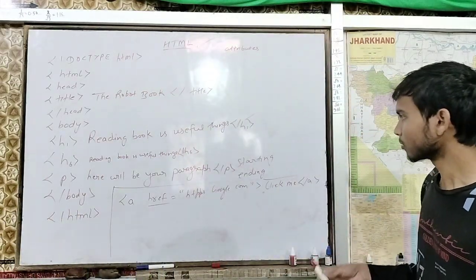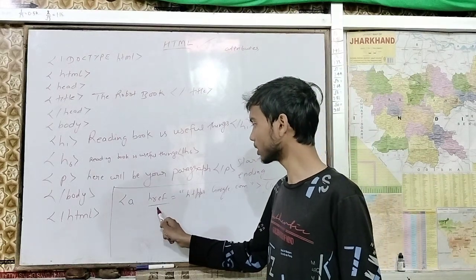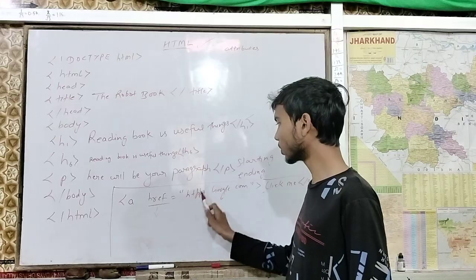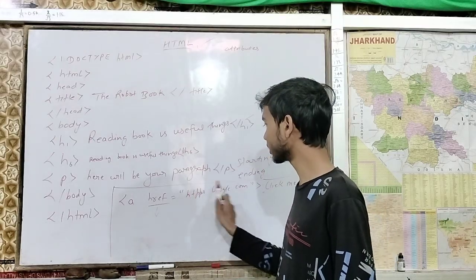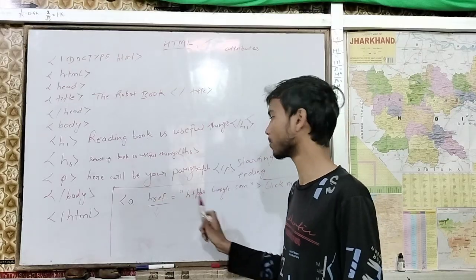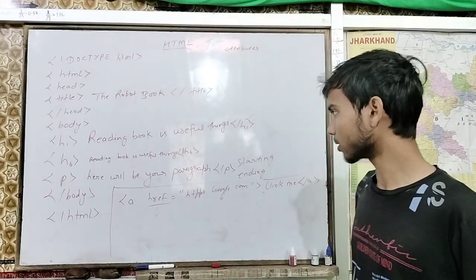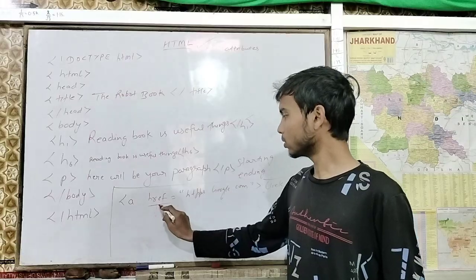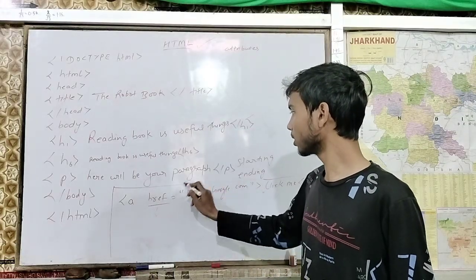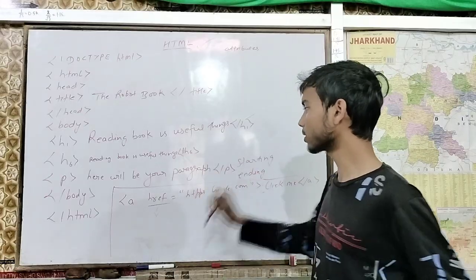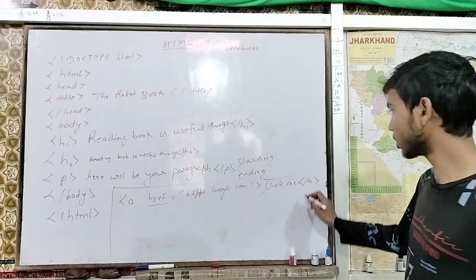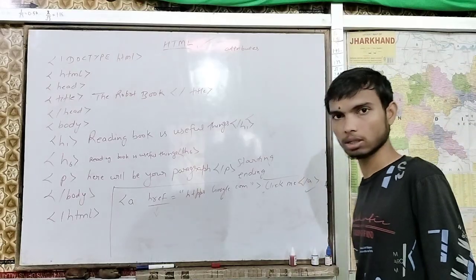Remember, this value should be equal to whatever you are typing over here, and this value should be surrounded by double inverted commas. This is compulsory. Symbols will be compulsory. So this value is equal to something, and this something should be surrounded by double inverted commas. Then it will be valid in HTML. So this tag is also clear.